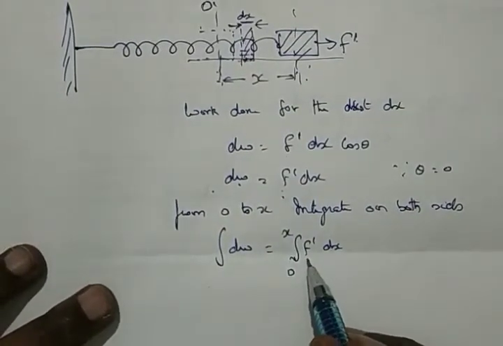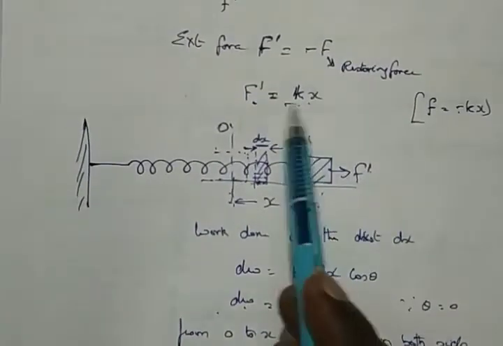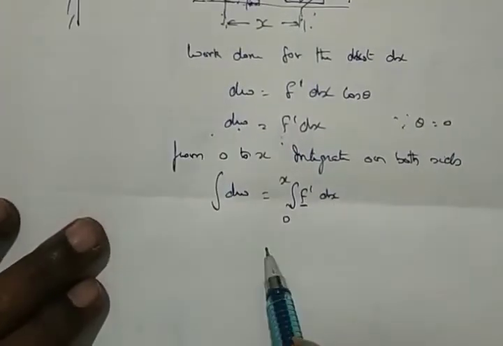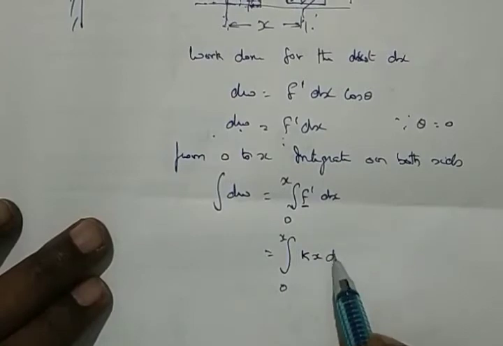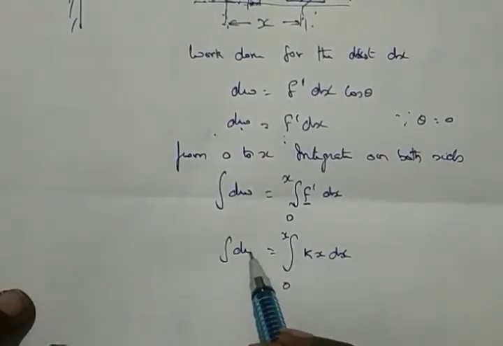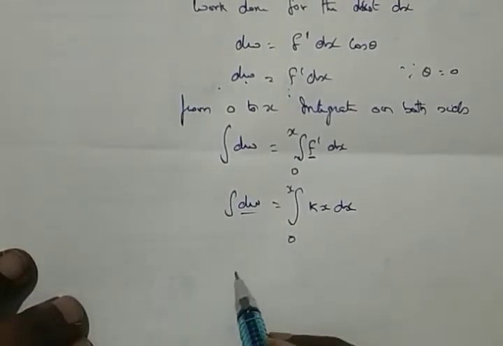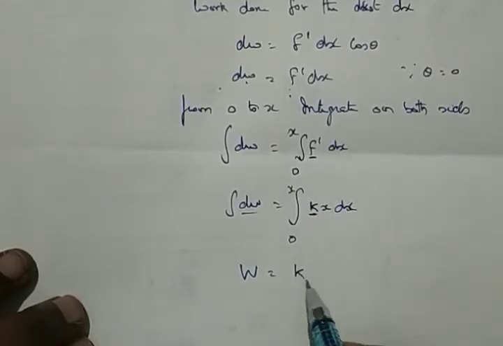Before we do the integration, look at this F dash. We already know what F dash is: minus of minus, it is going to be plus kx. Put this here. So the integration from 0 to x of kx into dx is the integration of dW. Integration of dW will become W, and k is a constant, so it can be outside.